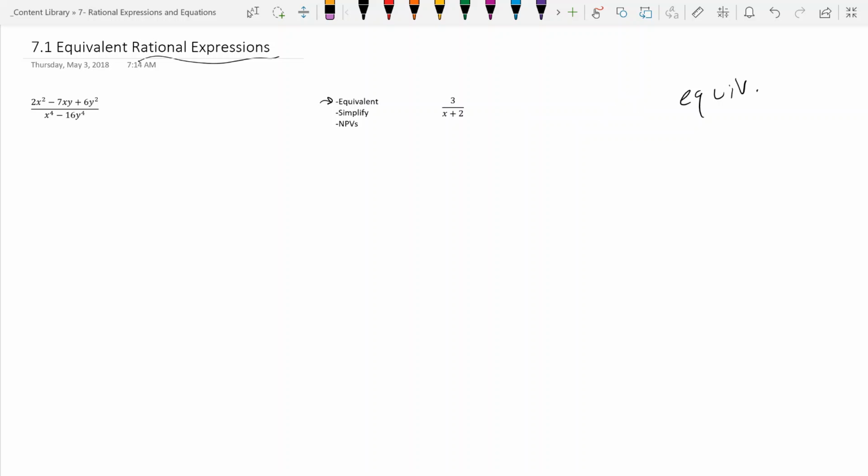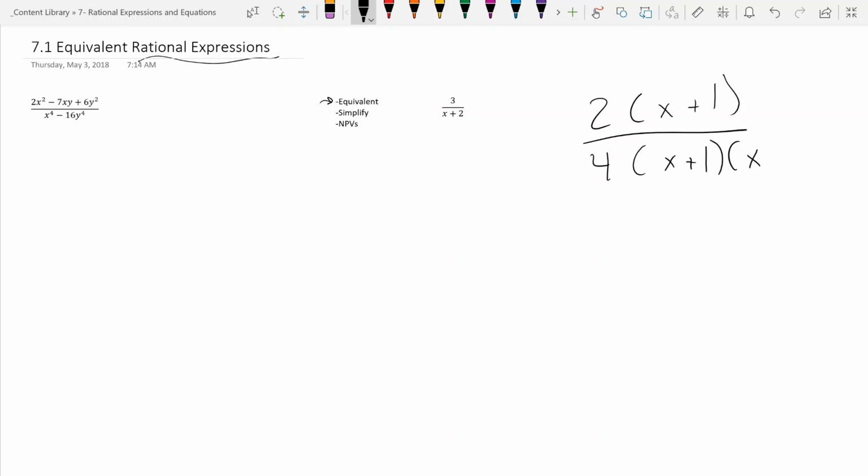The other thing we need to know how to do is to simplify. So if we had an expression like this, simple division like we've done before, we try and find what can divide into each other. So 2 and 4, you can divide that, and then that becomes a 2 and that becomes a 1.